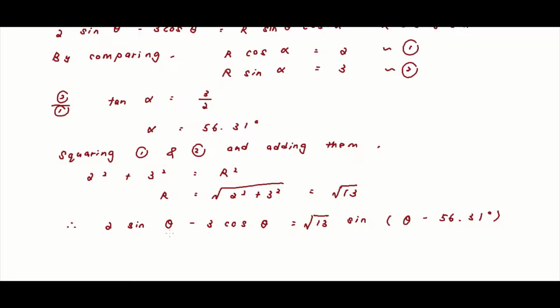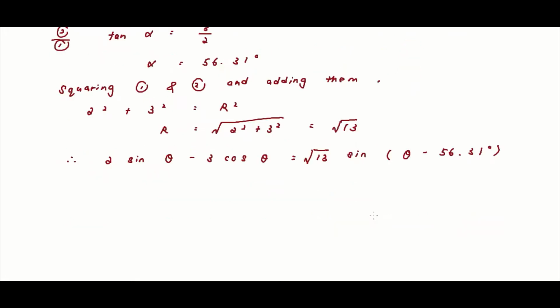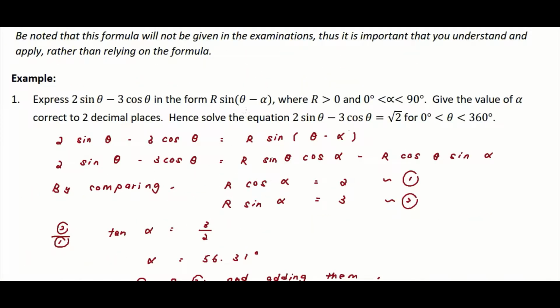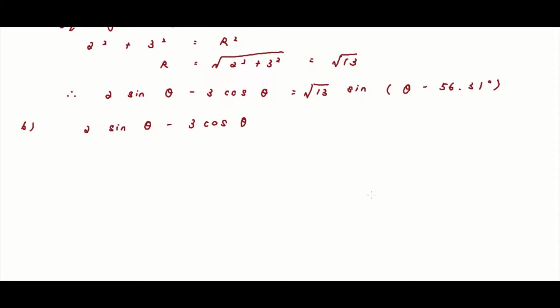So in this case we need to change it into this form, then only can we solve it. Okay, so for part B, the question wants you to solve 2 sine theta minus 3 cos theta. Let me check again. 2 sine theta minus 3 cos theta equals square root 2.